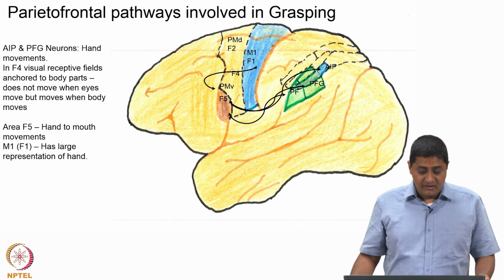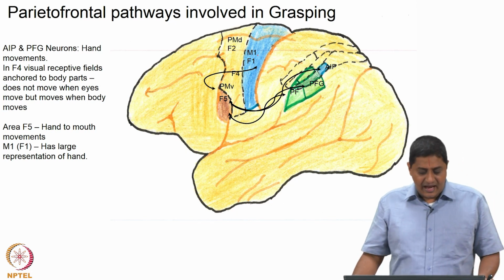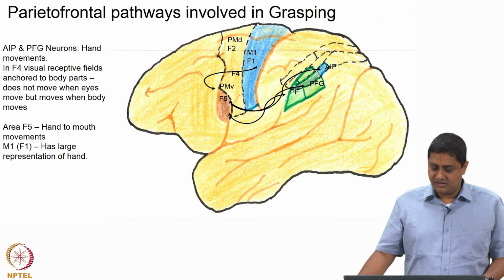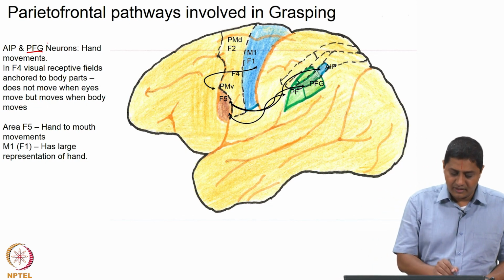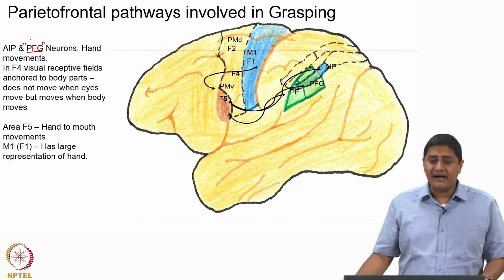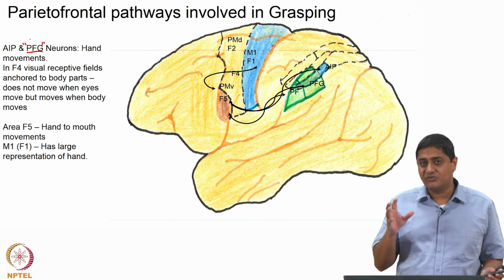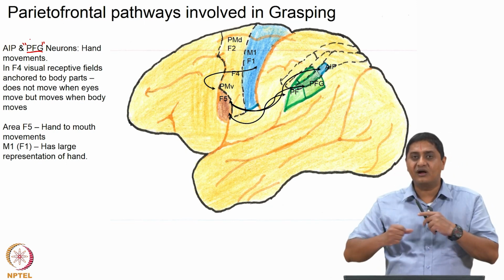When it comes to grasping though, anterior intraparietal neurons and the so-called PFG neurons, this is the name of the neurons, are believed to be responsible for hand movements. Hand movements means movements within the hand, not reaching movements.